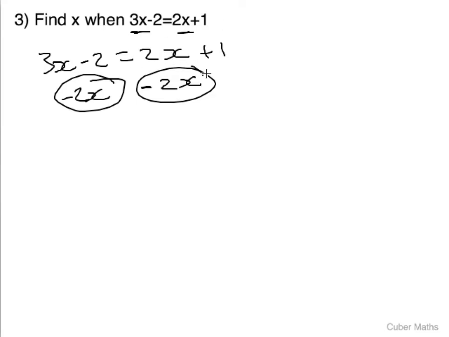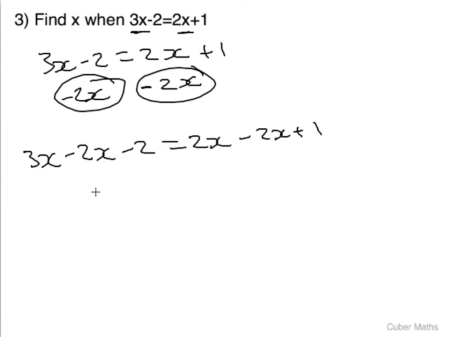So if we take away 2x from each side, we end up with 3x minus 2x minus 2 is equal to 2x minus 2x plus 1, which when we tidy up, 3x minus 2x gives you x, and we've still got the take away 2, is equal to 2x take away 2x, which just gives us 0x plus 1. And now you can see we've just got the x on one side, because here we have 0x, so there's none on the right hand side.